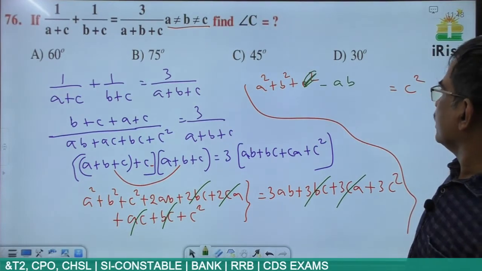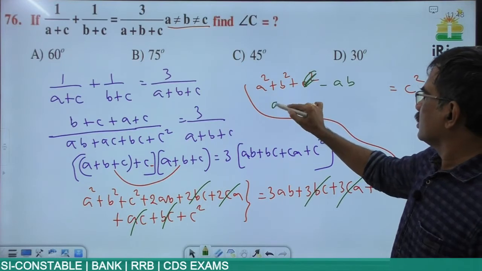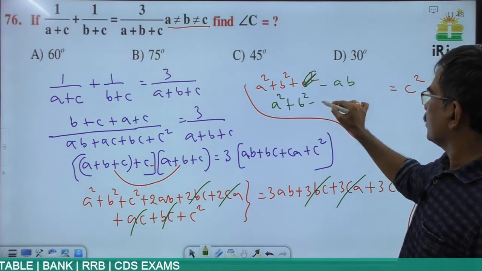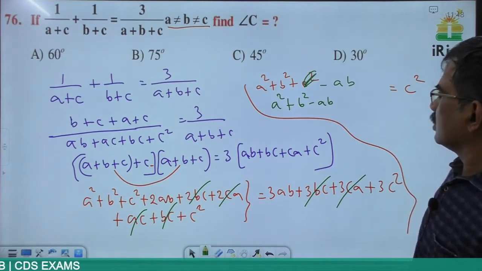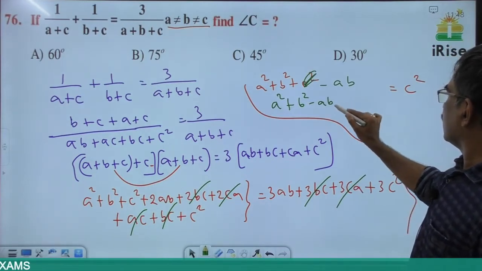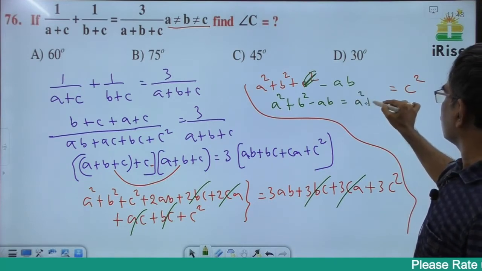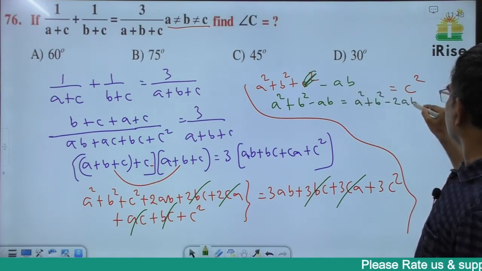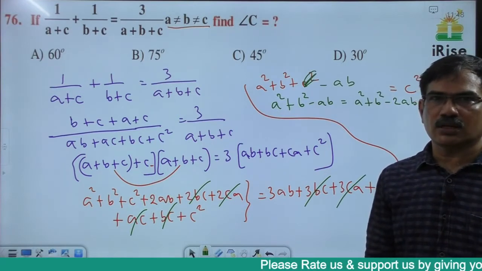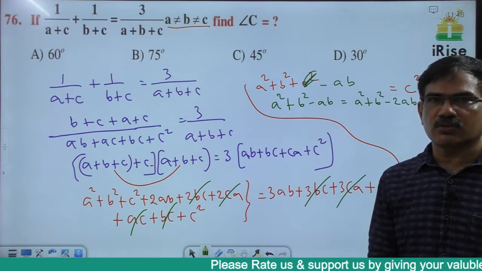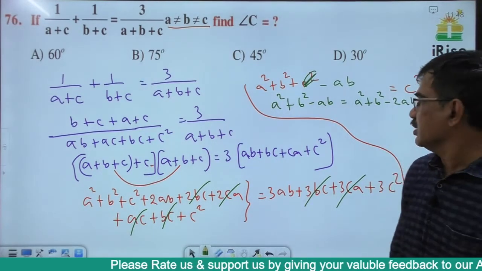Here in a triangle ABC, if a, b are known, a square plus b square minus ab. I want to write c square as a square plus b square minus 2ab cos theta. In a triangle ABC, c square is equal to a square plus b square minus 2ab cos of the angle between a and b.